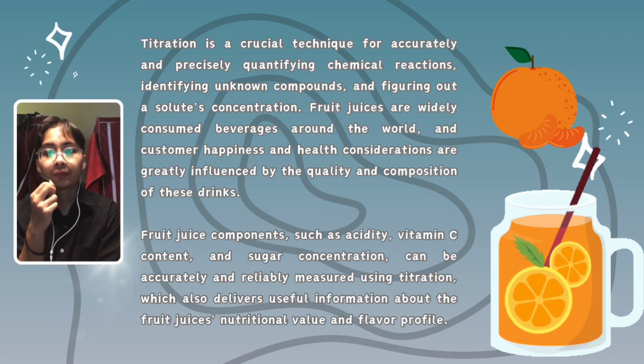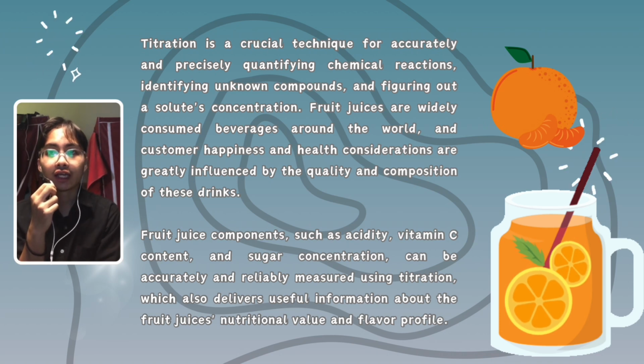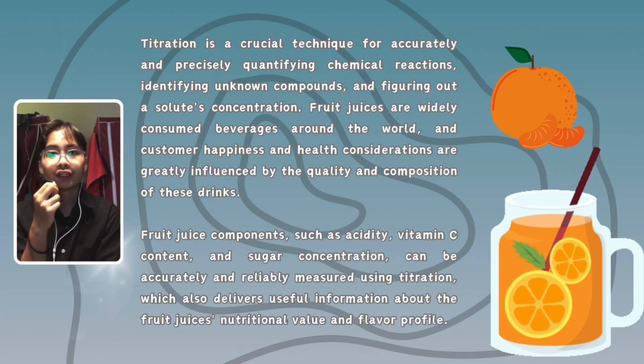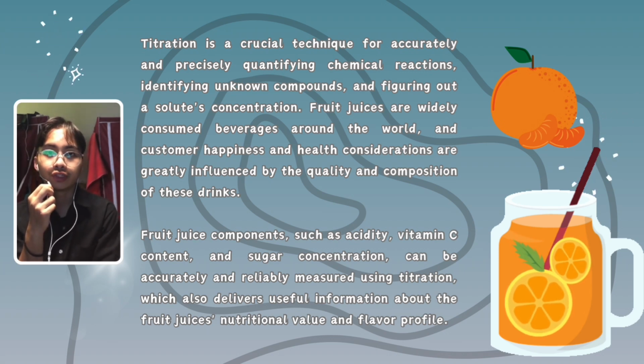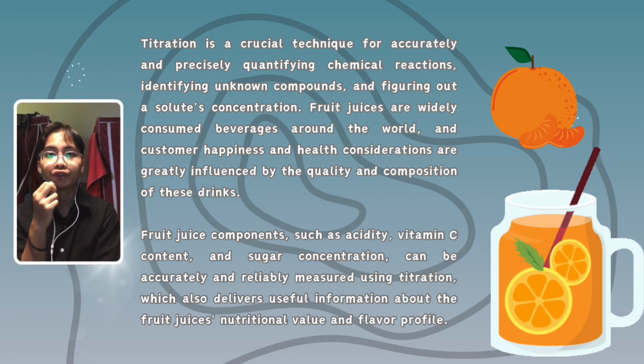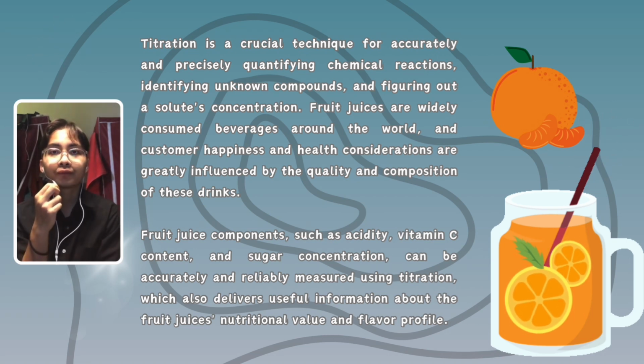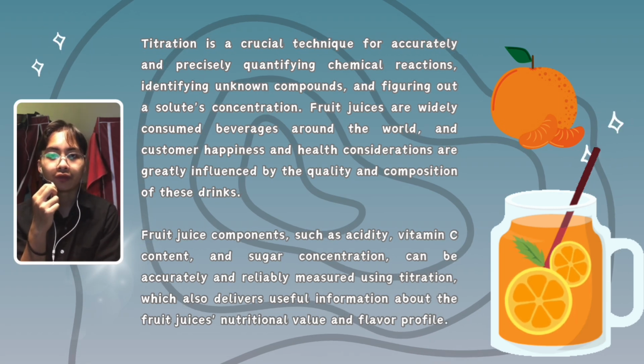Fruit juice components such as acidity, vitamin C content, and sugar concentration can be accurately and reliably measured using titration, which also delivers useful information about the fruit juice's nutritional value and flavor profile.